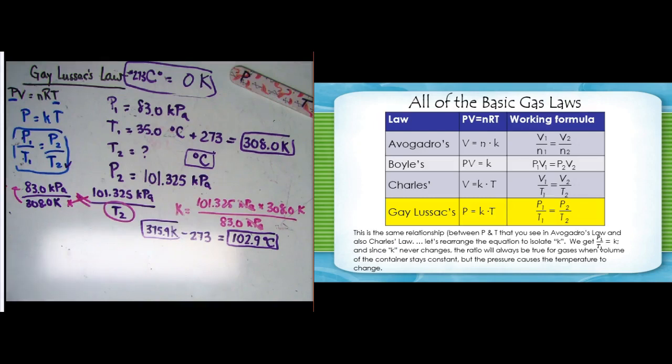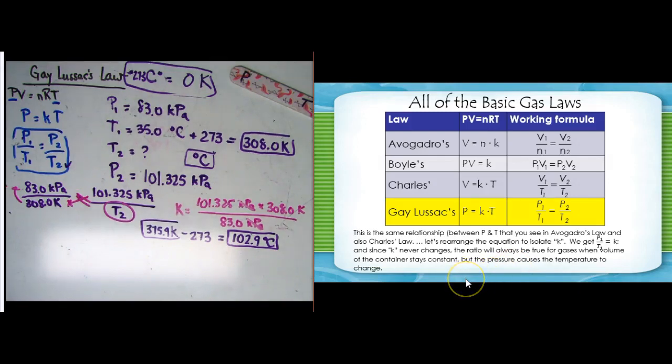All right, so to summarize this, please remember all of our basic gas laws actually run off of the ideal gas law, PV equals nRT. In this particular case, Gay-Lussac is getting rid of the volume and the moles, so that turns into K. You see your workable formula on the right, and there's another example on the bottom. Now there was supposed to be another slide.